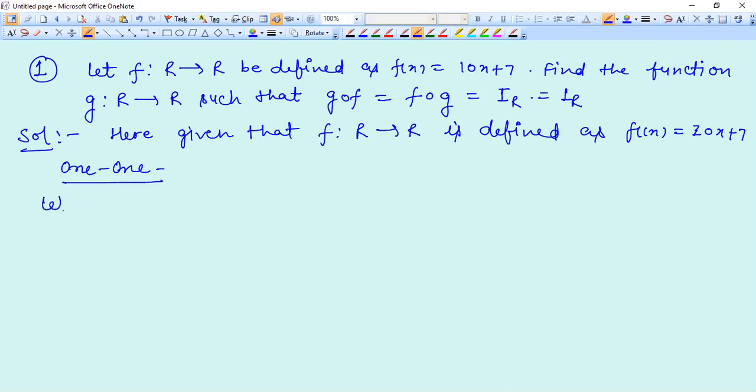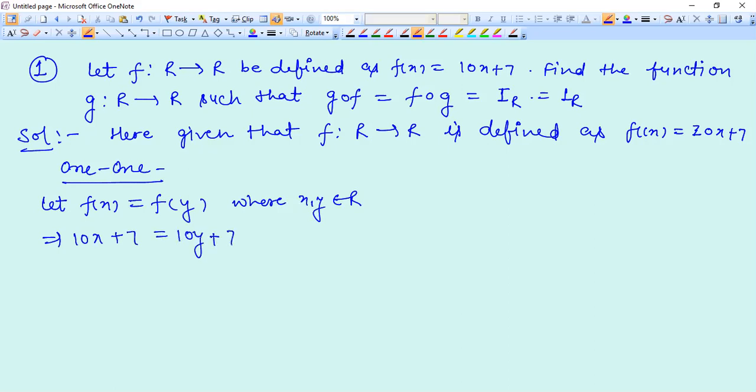For the one-one condition, let f(x) for two different elements x and y. For that we know for one-one, f(x) is equal to f(y), where x and y both are real numbers, that means x, y belong to R. Now we put the value in the given function, which implies 10x plus 7 is equal to 10y plus 7.